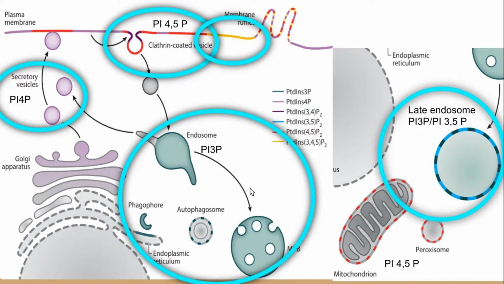Knocking down PIK5E and thus preventing PI35P formation interferes with endosome trafficking and prevents autolysosomal formation in flies, at least. So the maturation of endosomes towards a degradative fate relies on PIK5E's placement of these PI35Ps.